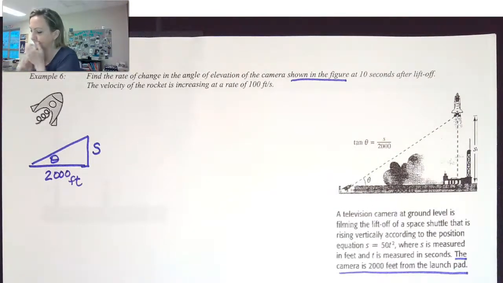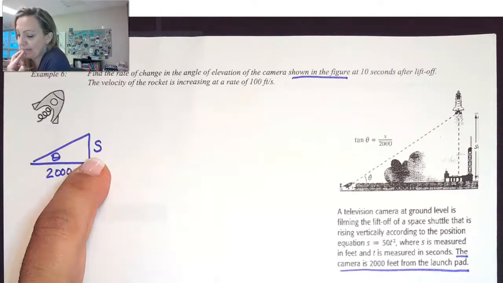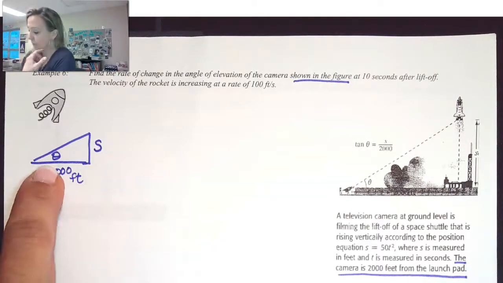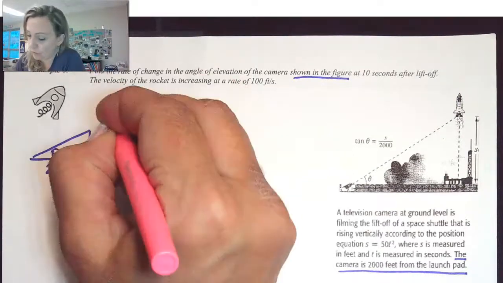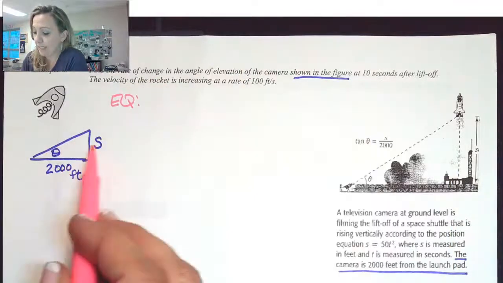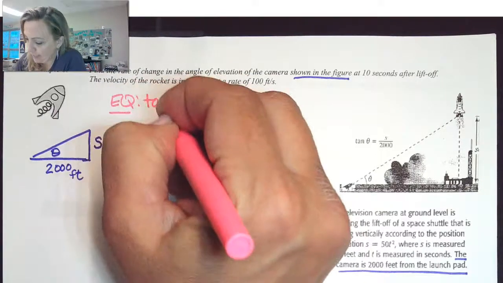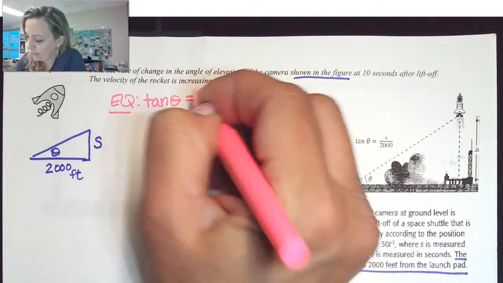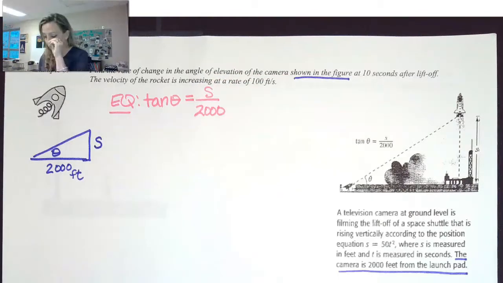And then they give you a clue in the picture of what to use, because we're talking about this side and an angle. As far as the equation goes, we could use what deals with opposite and adjacent, the tangent. So let's try tangent of theta equals this S, which is a distance, over 2,000.